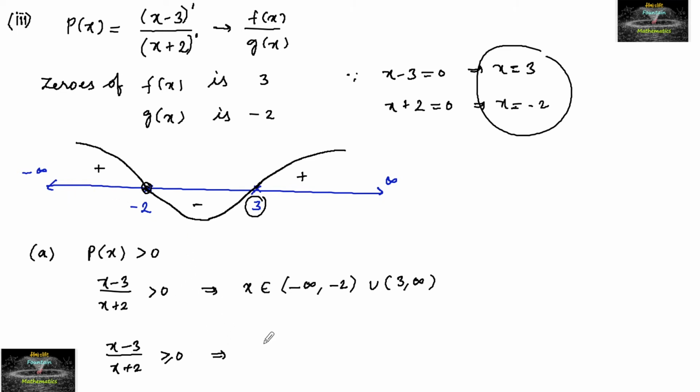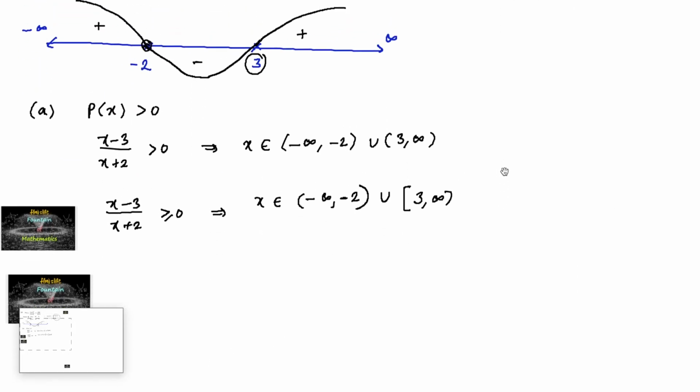So x belongs to (−∞, −2), where −2 must not be included, so it is always an open interval, union [3, ∞), where 3 can be included, so we close this one for greater than or equal to 0.